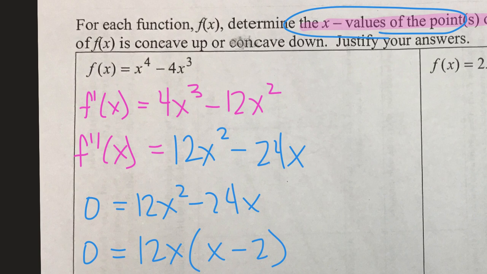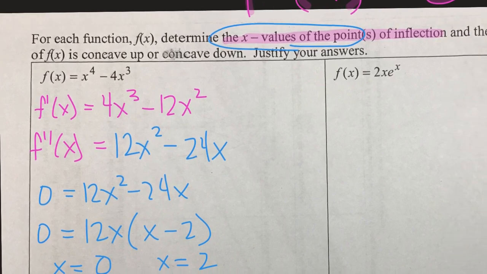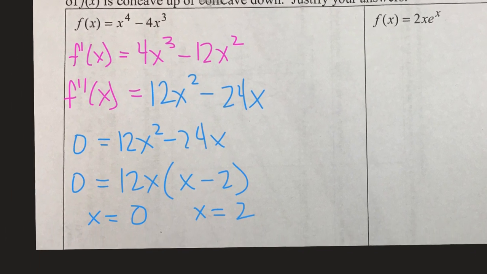So it looks like we have two critical points. From the 12x we get a 0, and from the x minus 2 we get a 2. So this function has two potential points of inflection. These are the x values, so that's all we need to know.